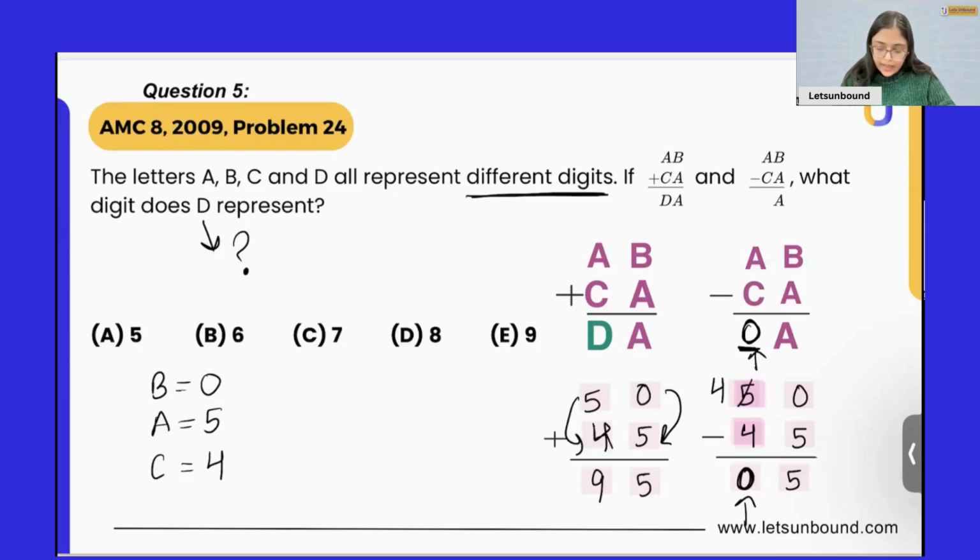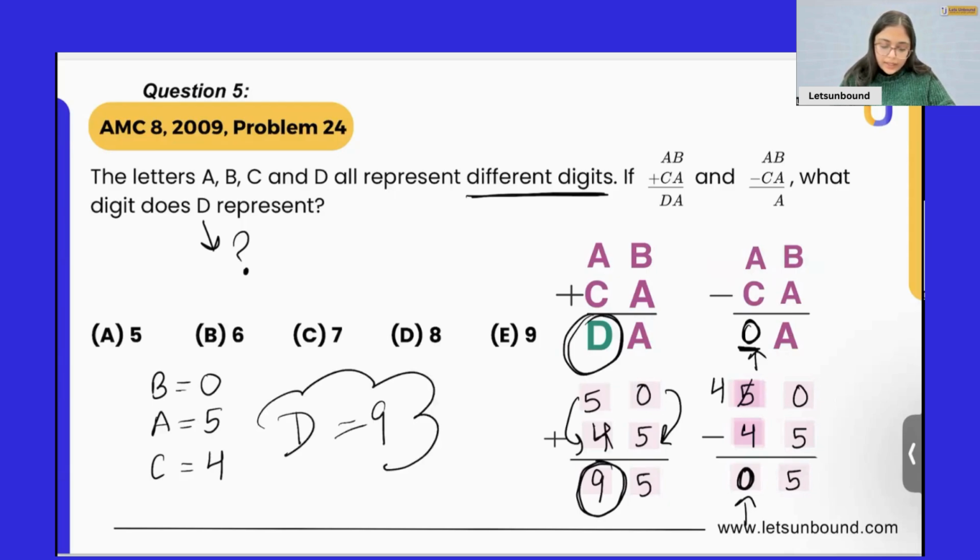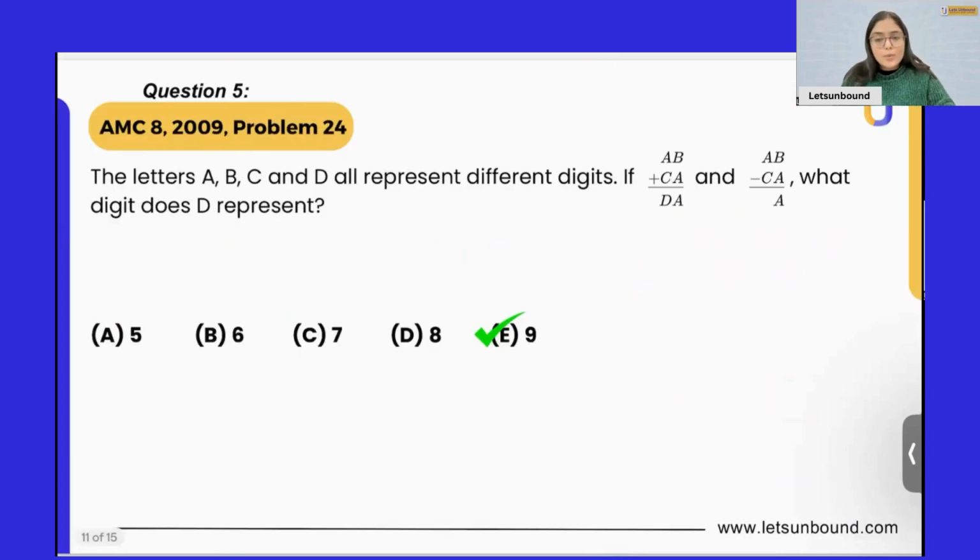That's 9. And isn't it this the number we need to calculate? Yes, so that means we got our answer D, which is 9. So can you tell me which option is correct? Obviously, option E. So can you see how simple our calculation was? So option E is correct.